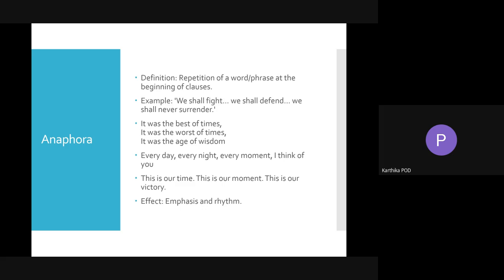Yes. This is our time. This is our moment. This is our victory. What's repeated here? "This is our" is repeated in all the three lines, right? So this kind of repetition is used to overemphasize things, and also to create a rhythm to get the attention of the audience.